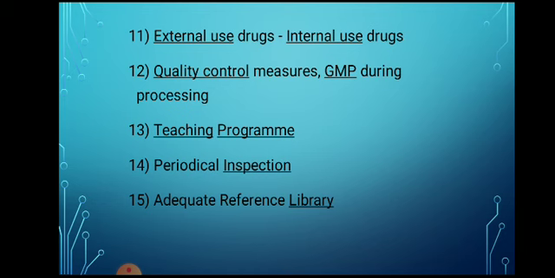That is, adequate quality control measures should be followed, and again good practices, called good manufacturing practices, are necessary to be conducted during the processing or preparation, which is called in-process GMP, as well as final product GMP.